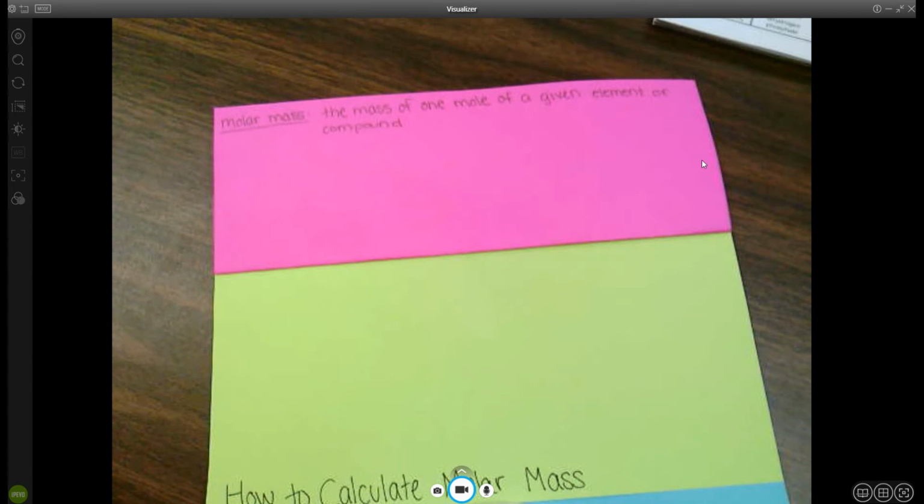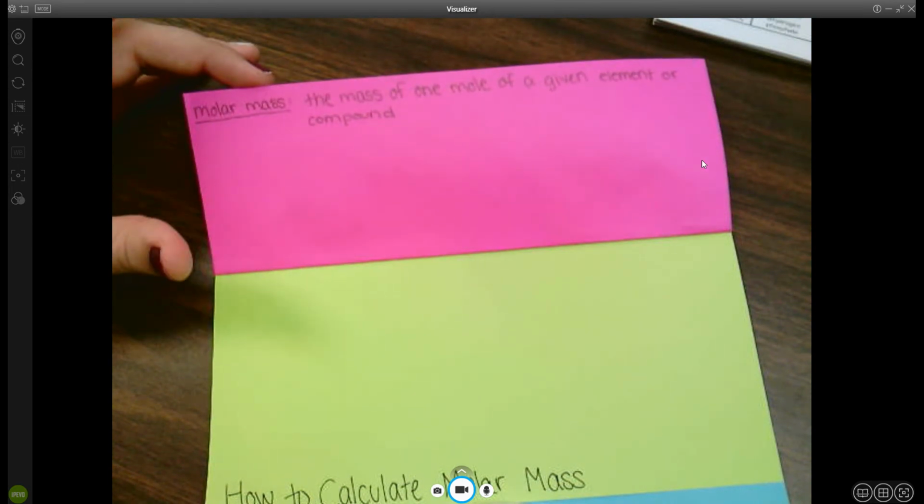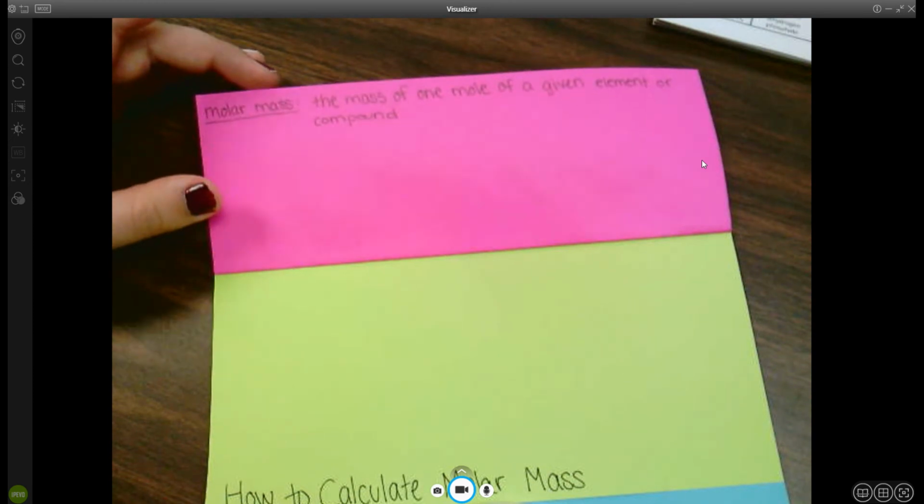Okay, so that is the definition of molar mass. It's the mass of 1 mole of a given element or compound.